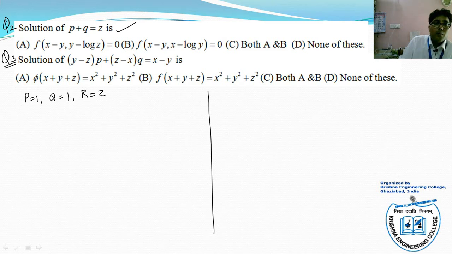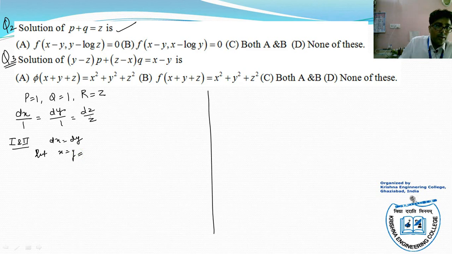Comparing P, Q, R, then Lagrange's equation in this case is dx upon 1, dy upon 1, dz upon z. Taking first and second, dx is equal to dy, integrating x is equal to y plus constant a, x minus y is equal to a, x minus y is equal to a.